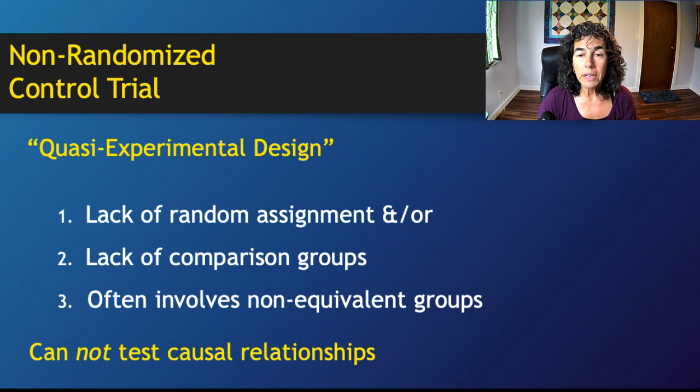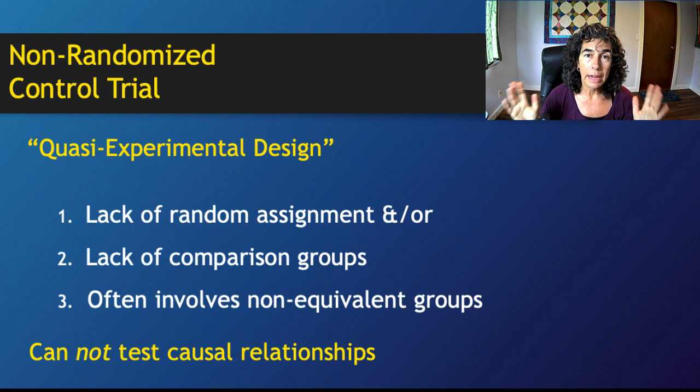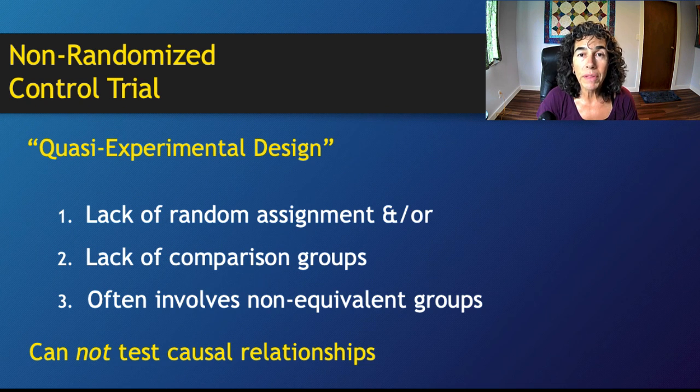It often involves non-equivalent groups, so groups that are not matched necessarily on all aspects of their inclusion in the group. They may be a wider range of ages. They may have more than one condition, right? They may have some kind of difference that makes it impossible to test for a causal relationship.